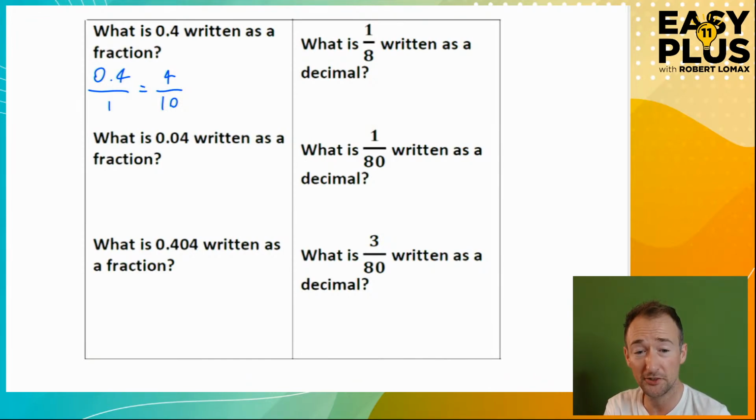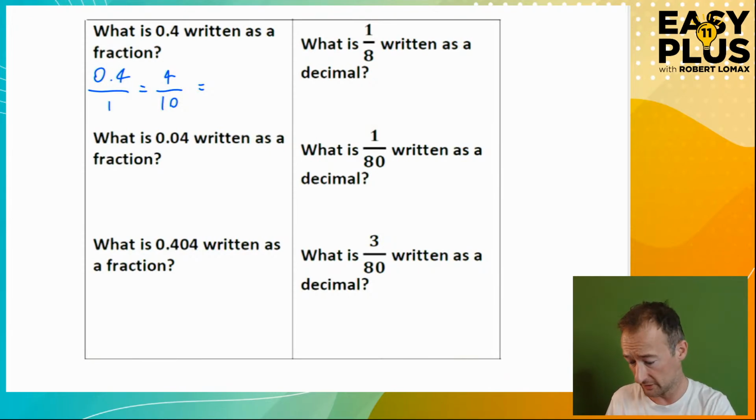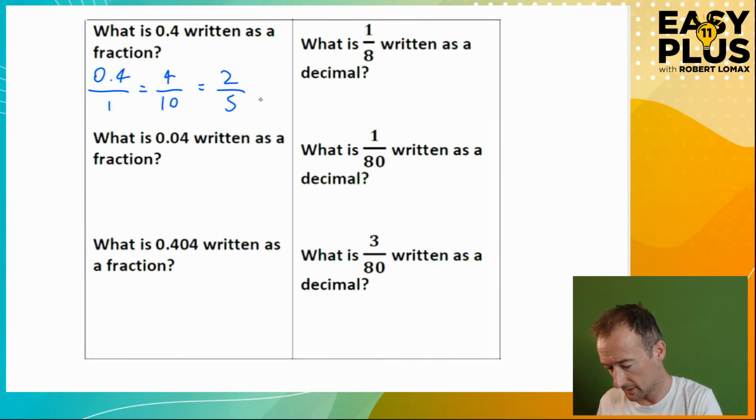If you write 4/10, you are at risk of losing a mark, because we can see that this can be simplified because the top and the bottom are even numbers. Why does that mean that we can always simplify? Well, even numbers can always be divided by 2. So if the top and the bottom are both even numbers, we know that they can both be divided by 2. Let's do it. 2/5. Okay, 5 is a prime number, 2 is a prime number, so this can't go any further. I'm not going to double underline because it's obvious that that's our answer.